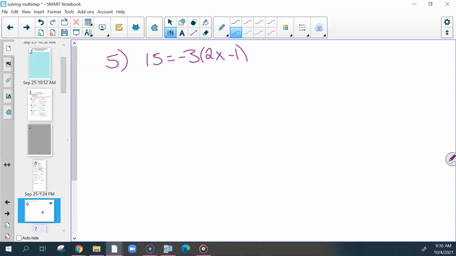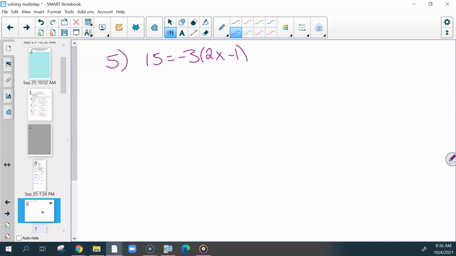So, in your mind, you see parentheses, you multiply, you distribute. That's fine. This way also works, but it only works if we can divide by that number outside. If this was like 16 and this was -3, this wouldn't work. Then you end up with fractions or decimals.